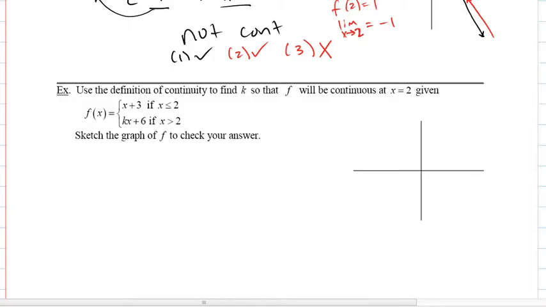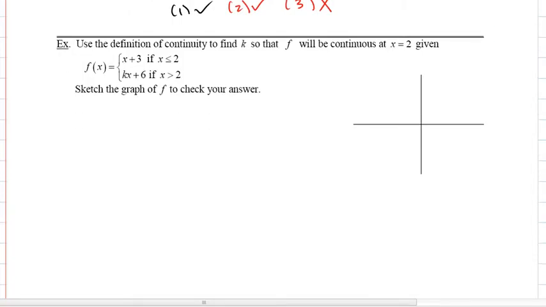Now we're going to use the same definition, except now we're going to find the k value that does make the function continuous. So now we're doing a more abstract example. Use the definition of continuity to find k so that the function will be continuous at x equals 2. So now we have to derive the k so that the function is continuous. What does it mean for a function to be continuous?